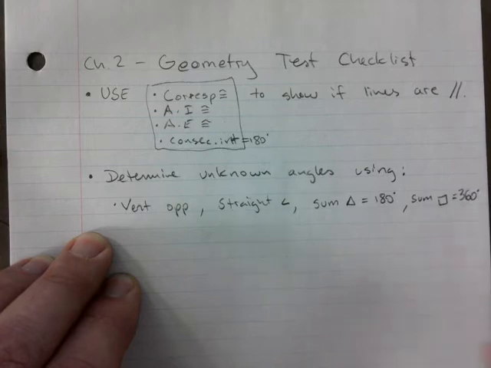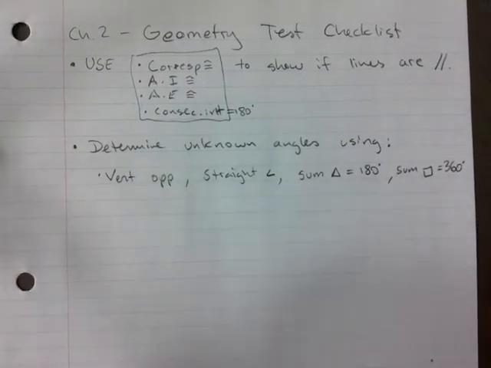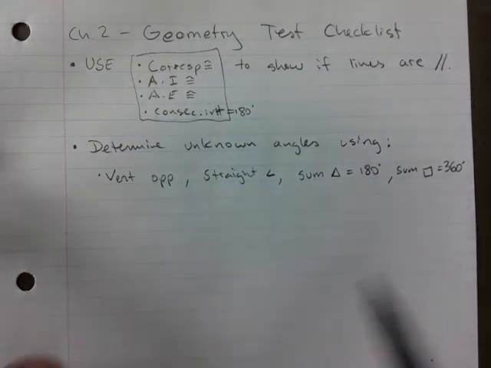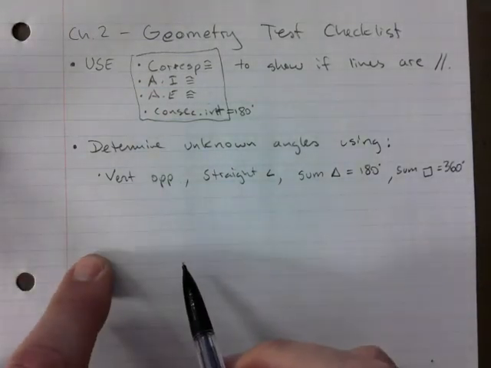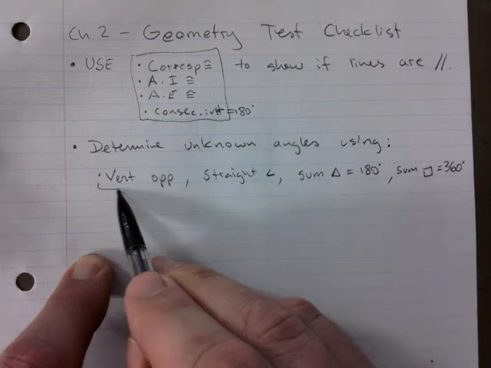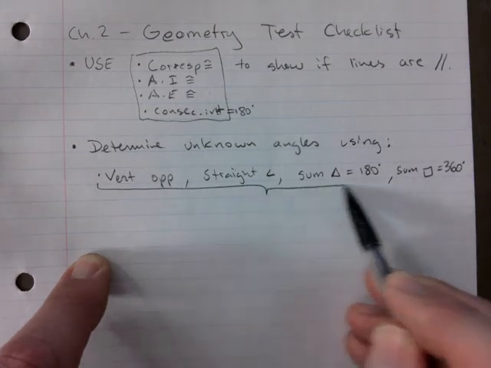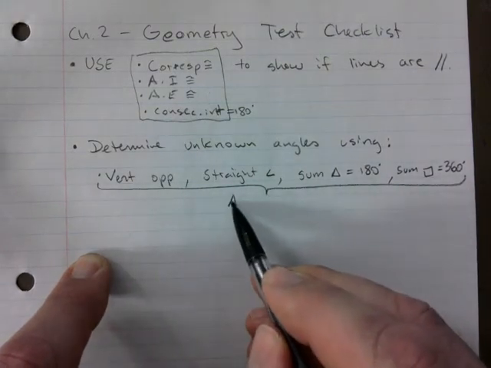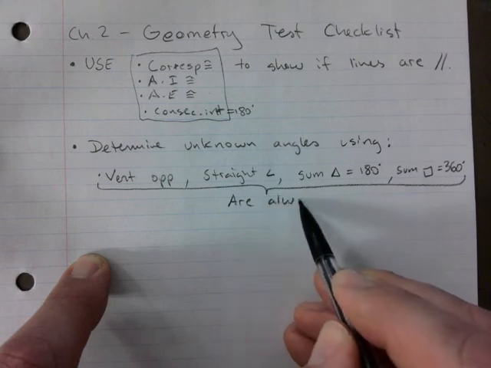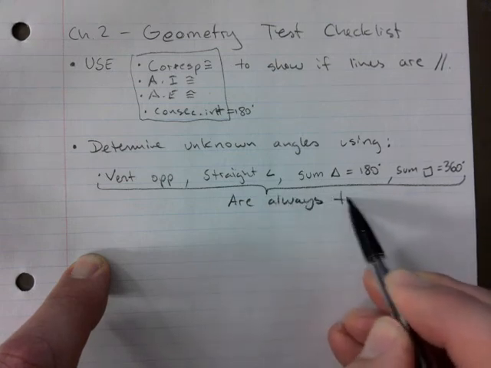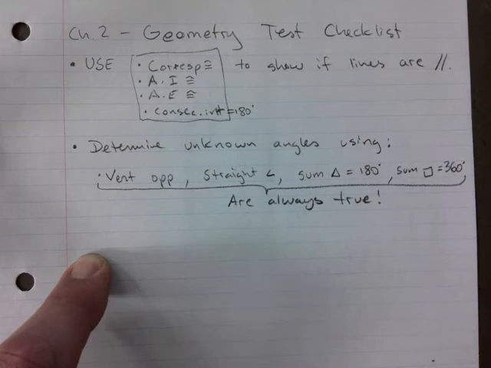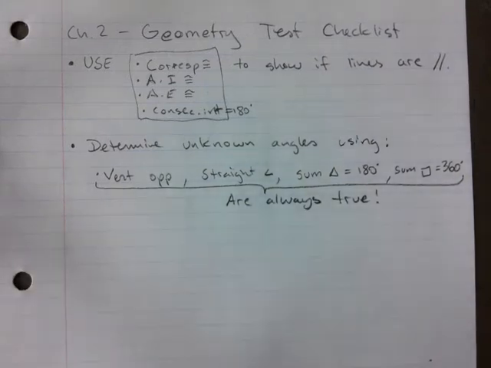We haven't used that a whole lot, but some of you did use it, okay? And remember, these ones are always true. You can use them regardless, right? Regardless whether or not lines are parallel.